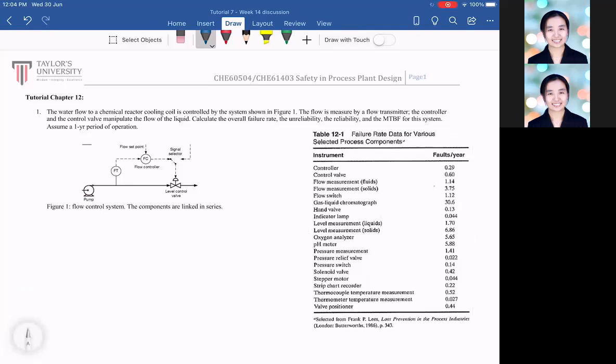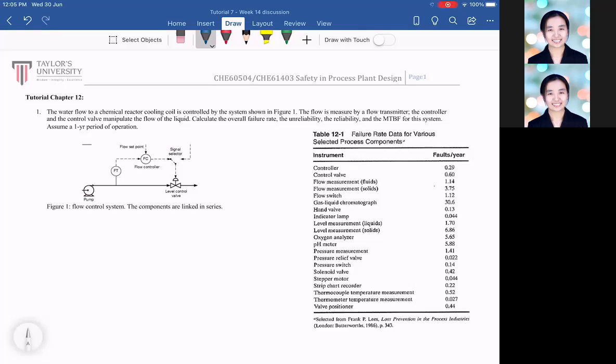So these are the average breakdowns of instruments per year. They call it faults per year. For example, the controller is 0.29 per year, meaning if we calculate 1 divided by 0.29, it basically breaks down every 3.5 months in general.